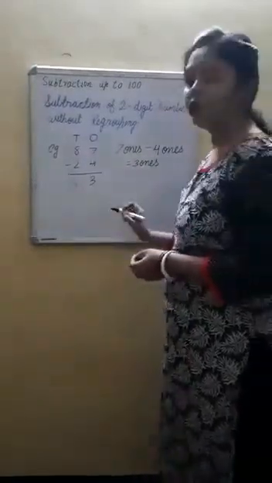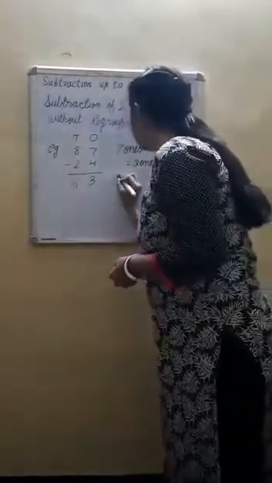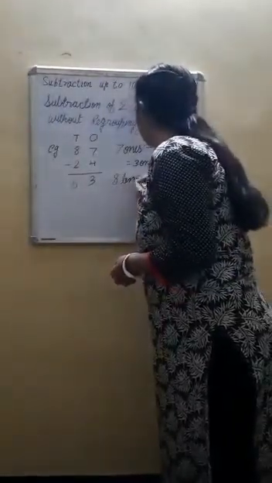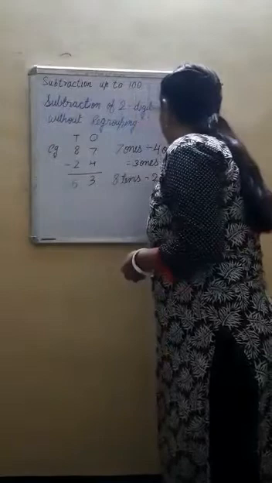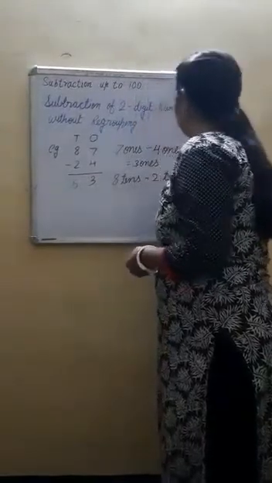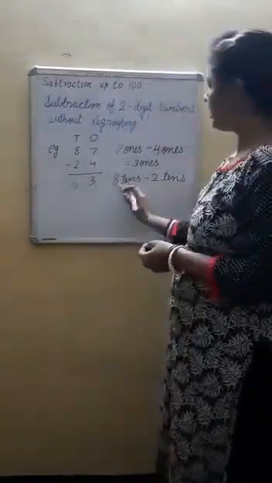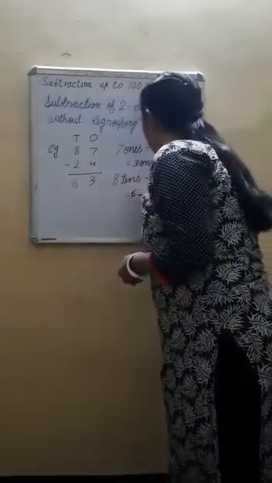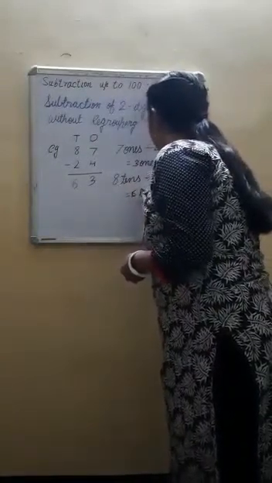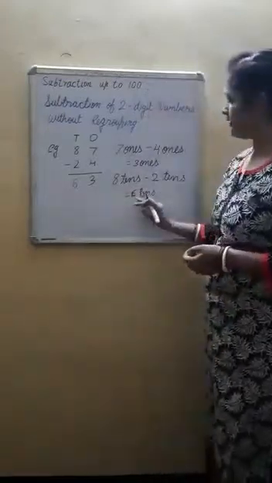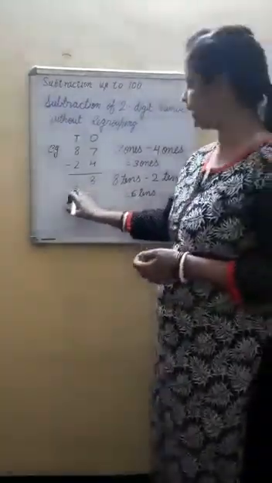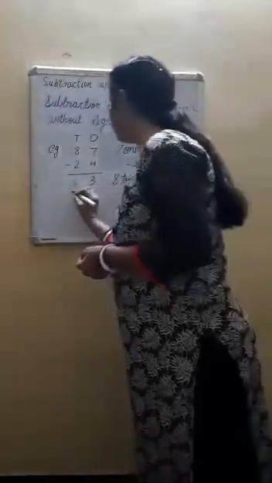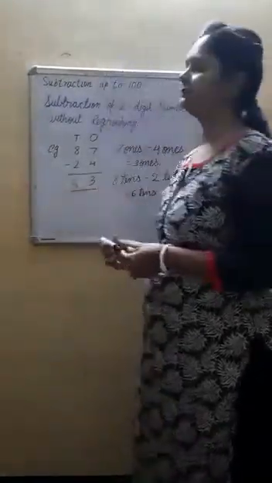Now when we go to the tens column, there is 8 tens minus 2 tens. So when we subtract 2 tens from 8 tens, we get 6 tens. So we have written 6 in the tens place. So 63 is the answer.